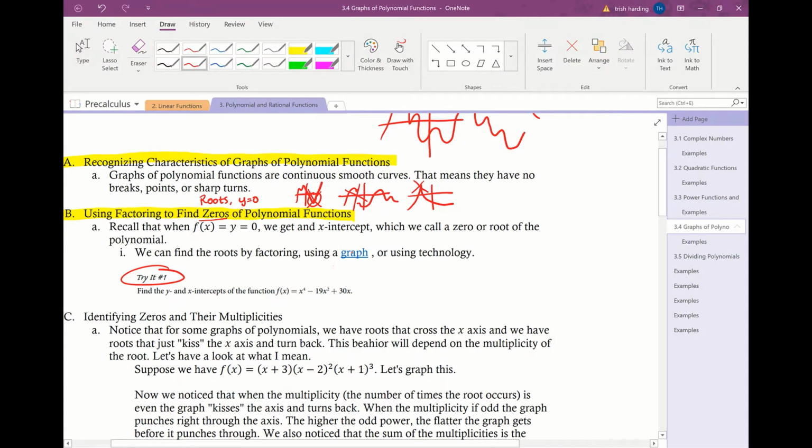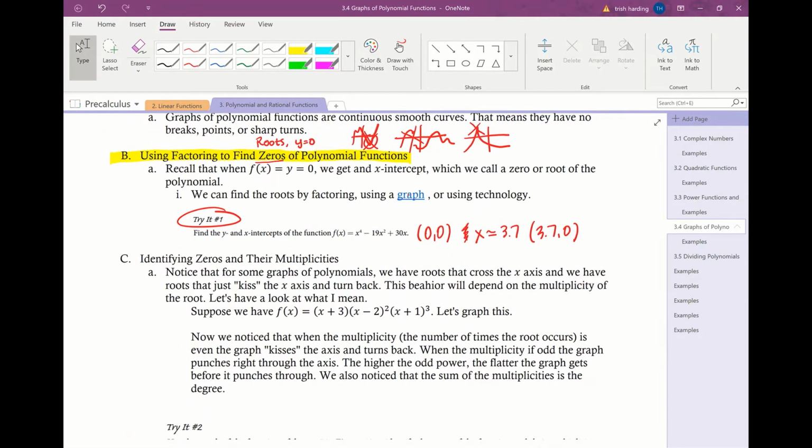So here you would have found the roots to be 0, and x approximately, I don't know what, 3.7. So you could say 3.70. Or you could draw the graph and just kind of indicate what it's between.